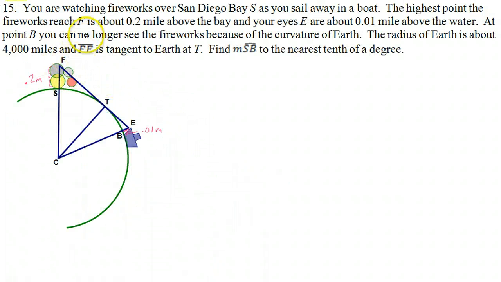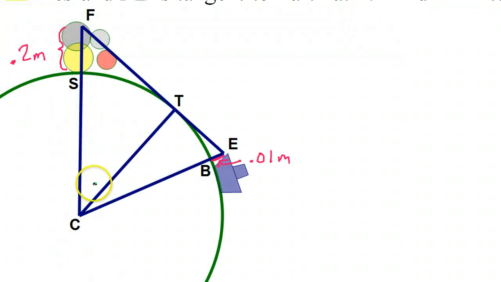At point B, you can no longer see the fireworks because of the curvature of the Earth. So if you were down here, you could not see the fireworks. The radius of the Earth is about 4,000 miles. Let's put that in the picture. I see 3 radii here, and they all should be 4,000 miles.